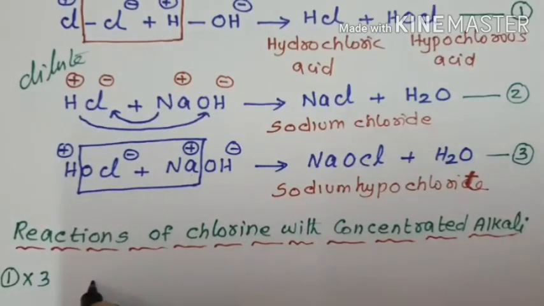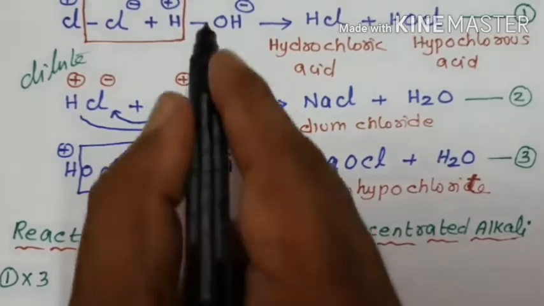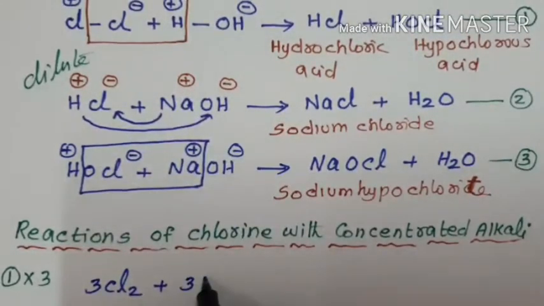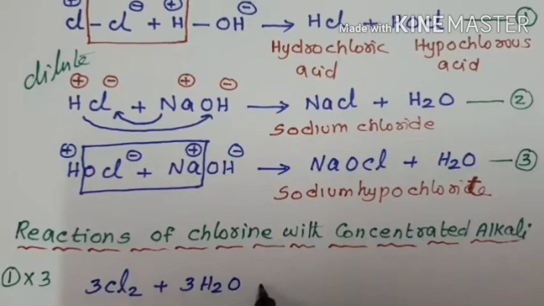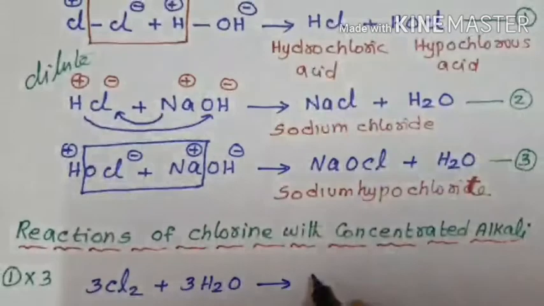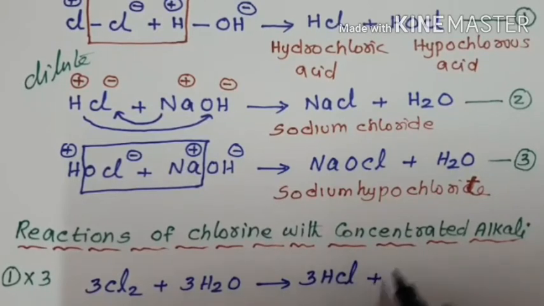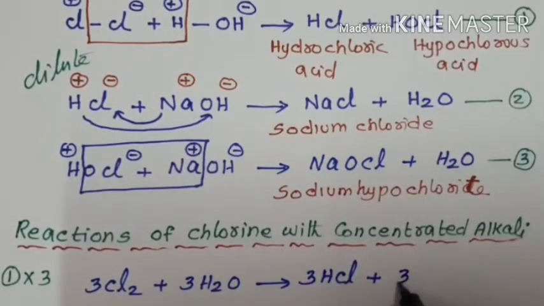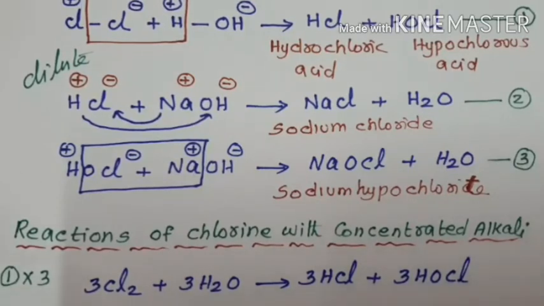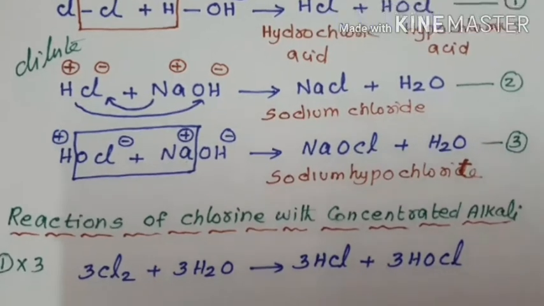So 3Cl2 plus 3H2O gives 3 molecules of hydrochloric acid plus 3 molecules of HOCl, hypochlorous acid.